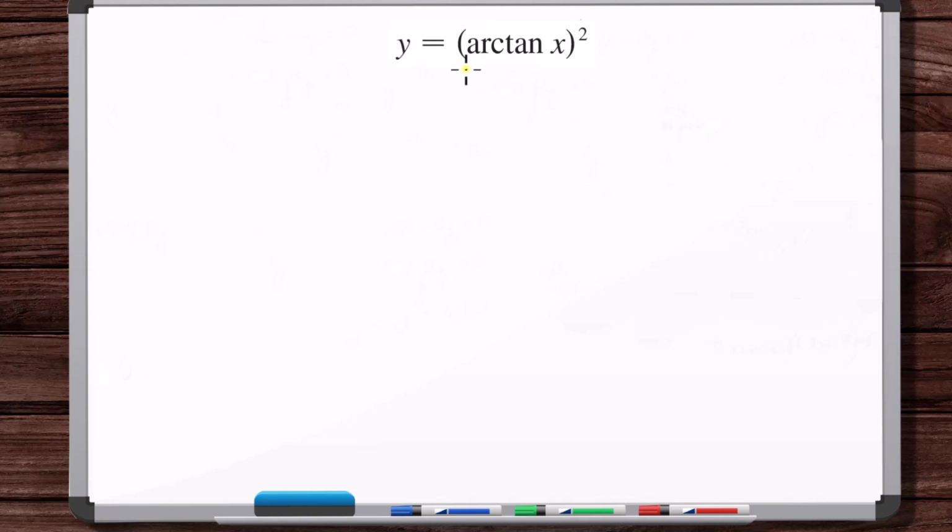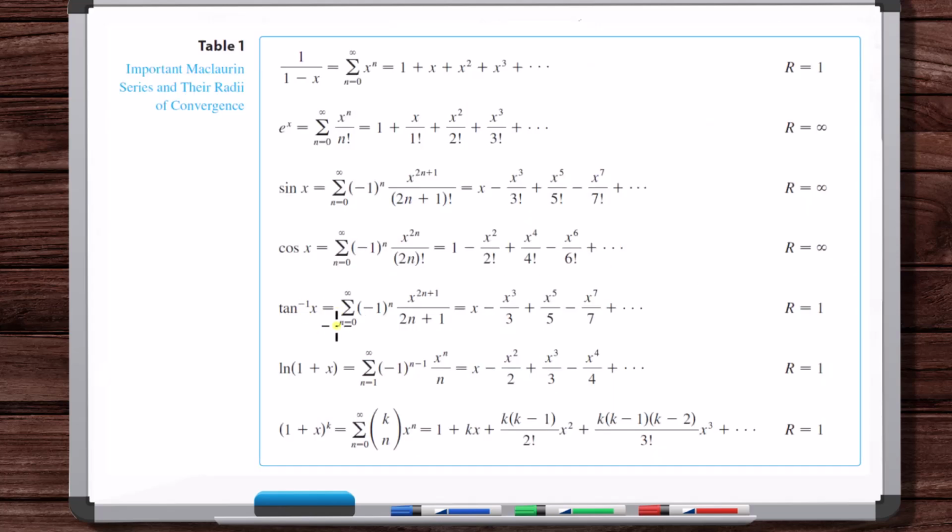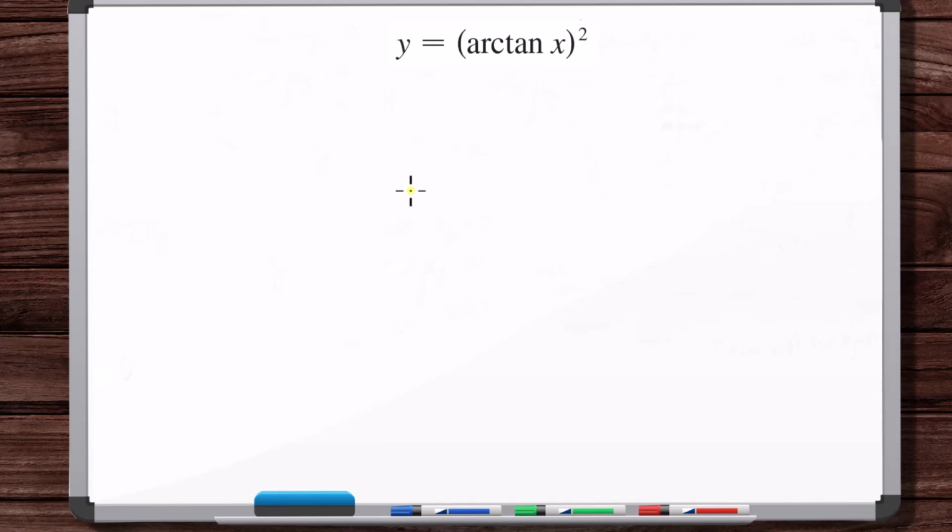Okay, let's do arctangent of x squared. So what is arctangent? Sum from n equals 0 to infinity of minus 1 to the n, x to the 2n plus 1 over 2n plus 1.